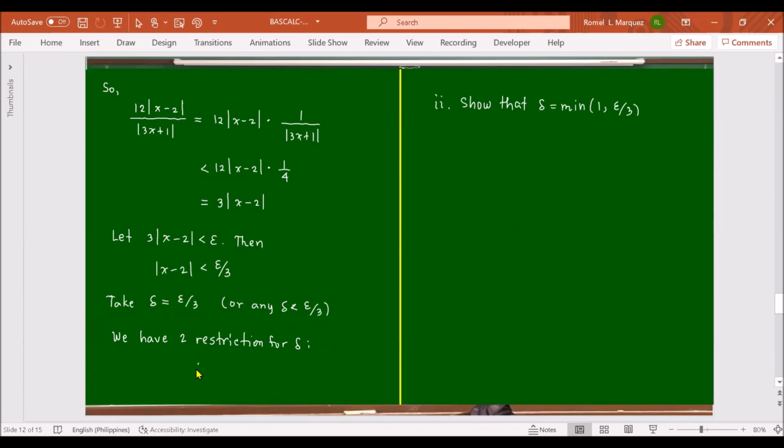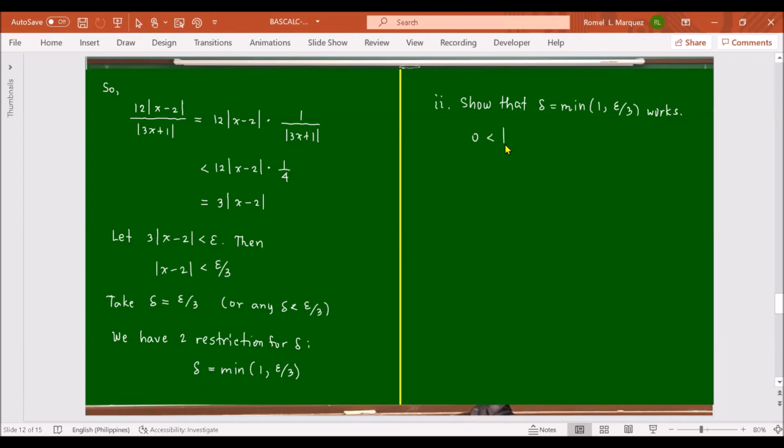So we take delta to be minimum of what? 1 and epsilon over 3. Okay. So let's see if this chosen delta works.